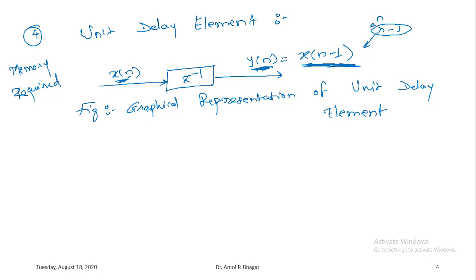To identify the output at time instance small n, the input present at time instance n minus 1 will be fetched from the memory. That is the unit delay element. Now the fifth one is the unit advance element.